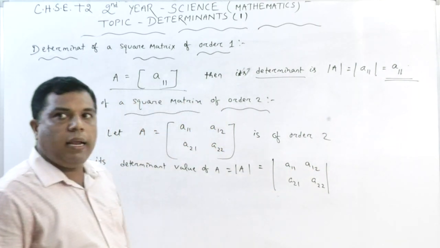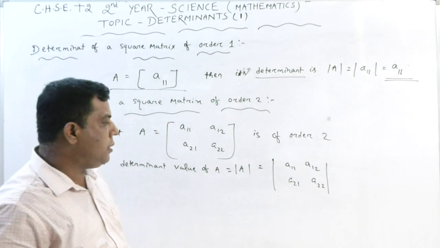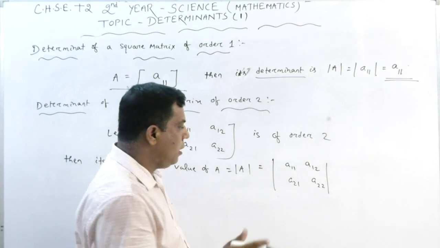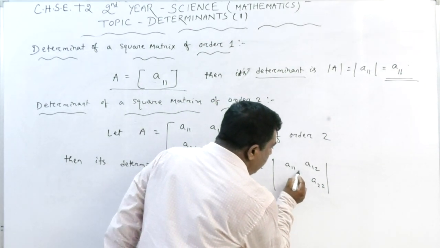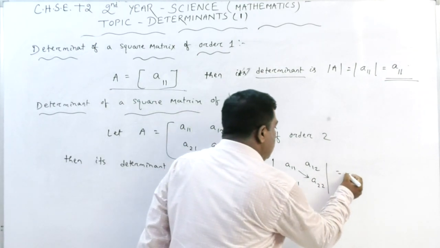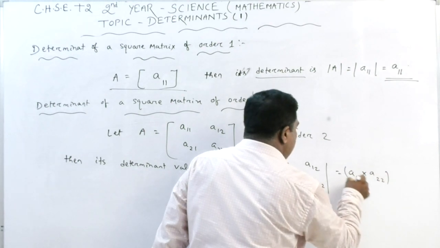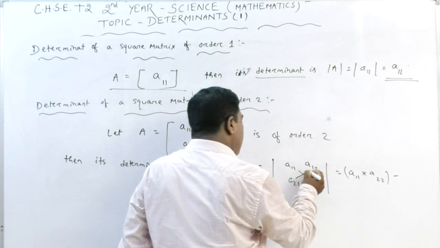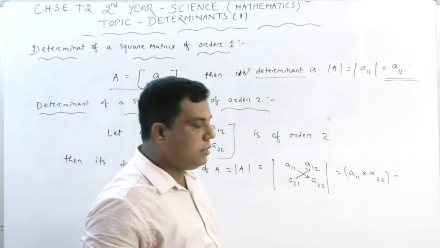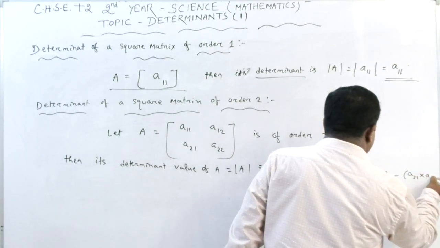And how to evaluate it? Now look carefully how to evaluate it. It is very important for you. We have to multiply the diagonal elements. So it is equal to A11 multiplied by A22 minus, we have to again multiply the other diagonal elements, that is A21 multiplied with A12.